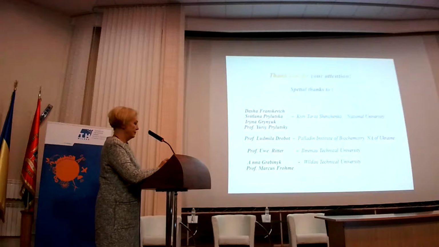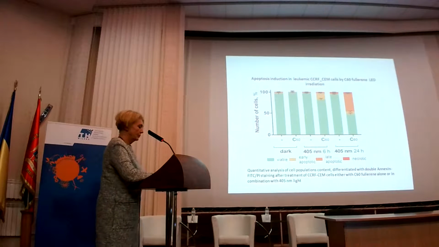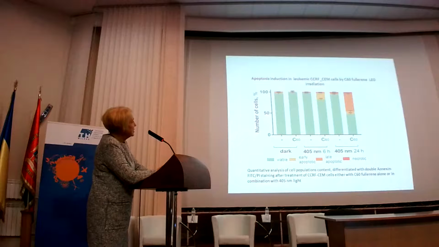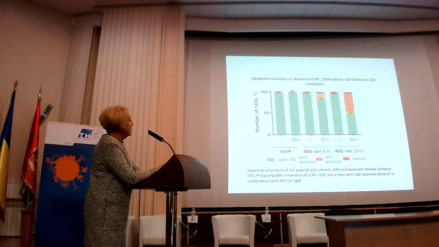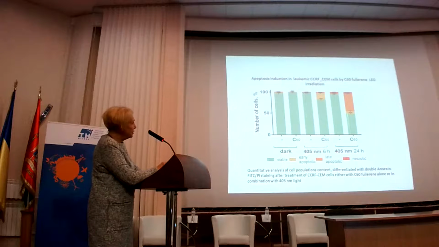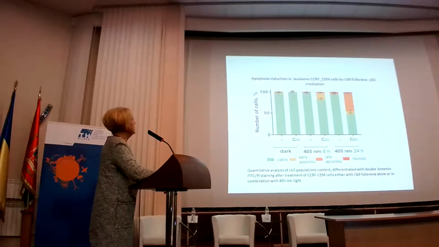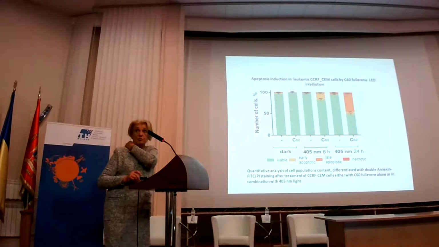And you can see that in the dark, no effect is visible. Then at 6 hours, the number of early apoptotic cells increased, and at 24 hours, the number of late apoptotic cells is rather high. But it's important that the number of necrotic cells did not change.